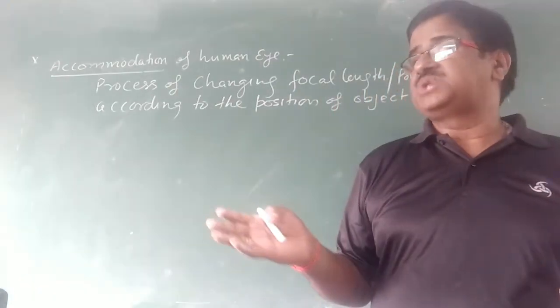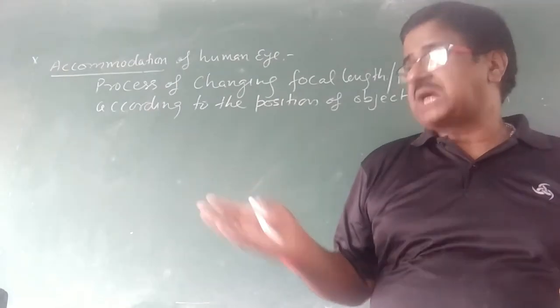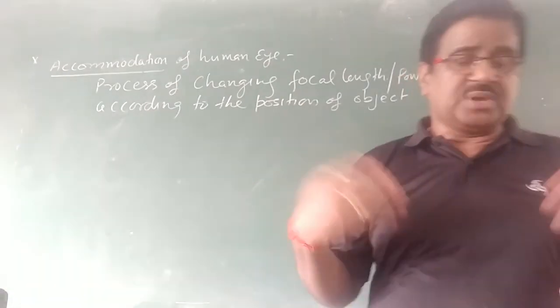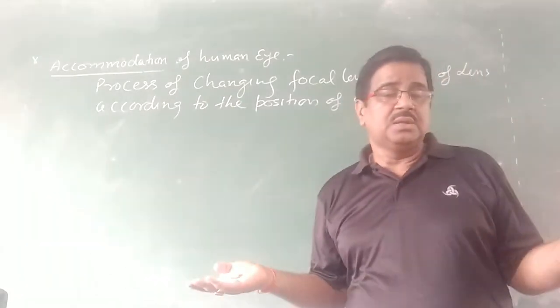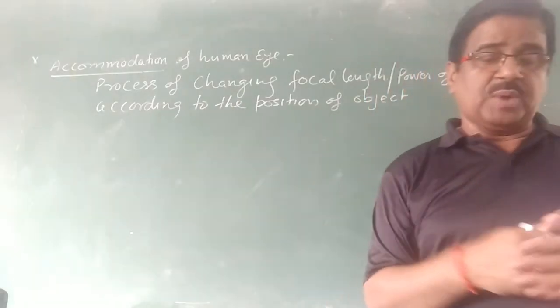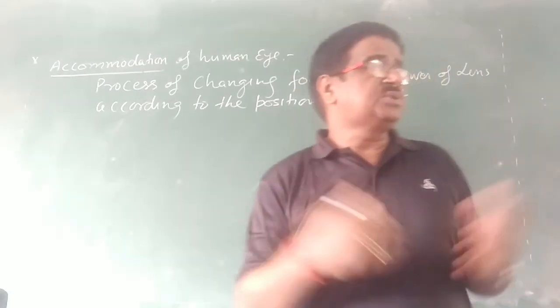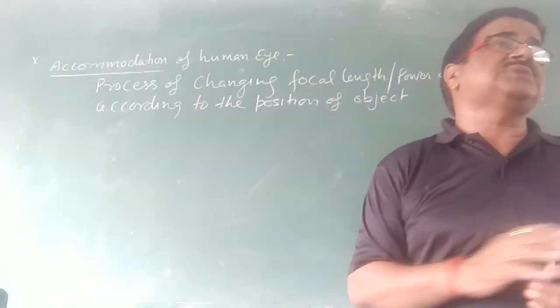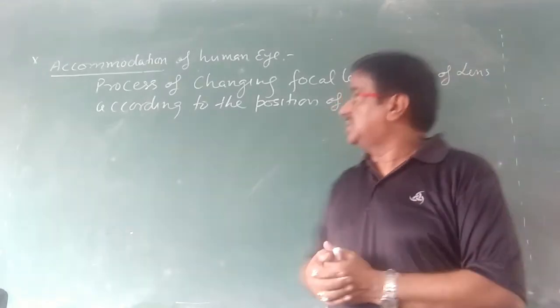The lens becomes thicker and the focal length becomes less and power becomes more. Focal length less. This enables us to see nearby objects.